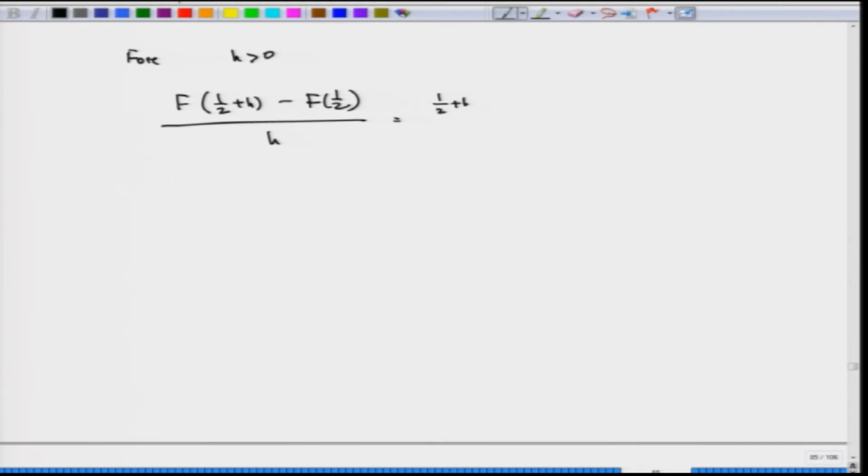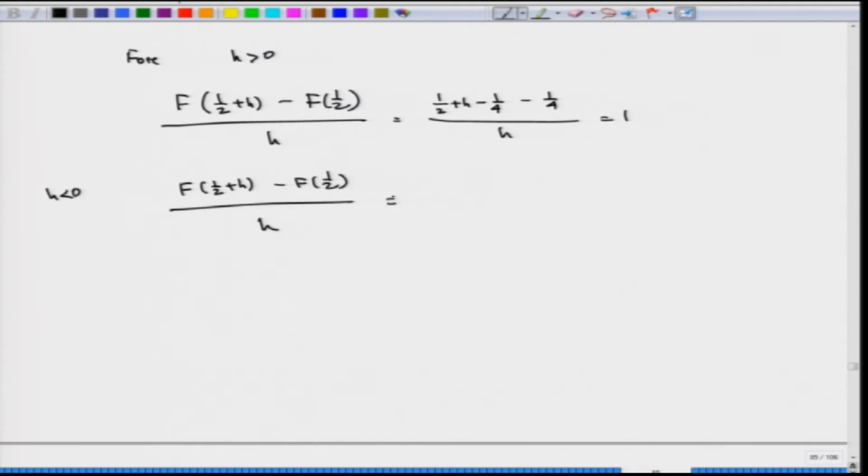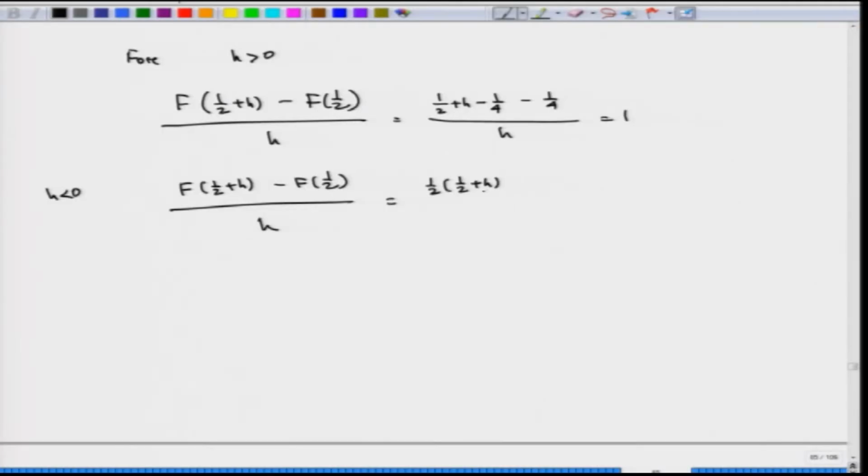So, this is half plus h minus 1 by 4 minus F of half, which is 1 by 4, divided by h. So, this is 1. Now, if h is negative, F of half plus h minus F of half by h: half plus h is less than half, therefore F is x by 2, which is 1 by 2 times half plus h, minus 1 by 4, divided by h.